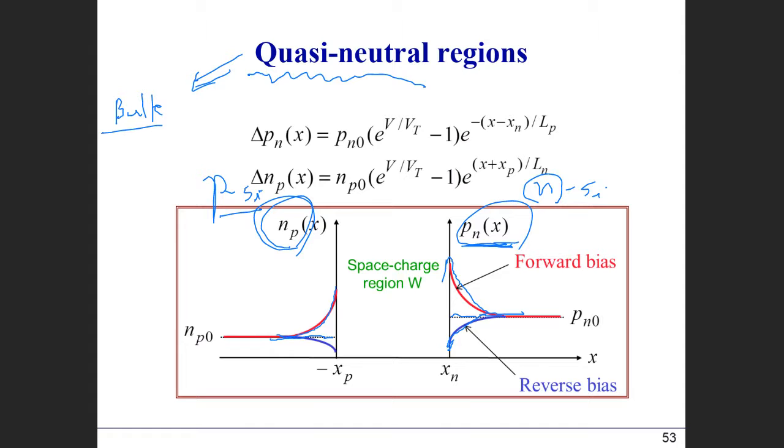So we can have this kind of carrier concentration change when you apply the forward bias and then reverse bias. This graph summarizes these changes of carrier concentration, and the detail of the change follows these two equations.